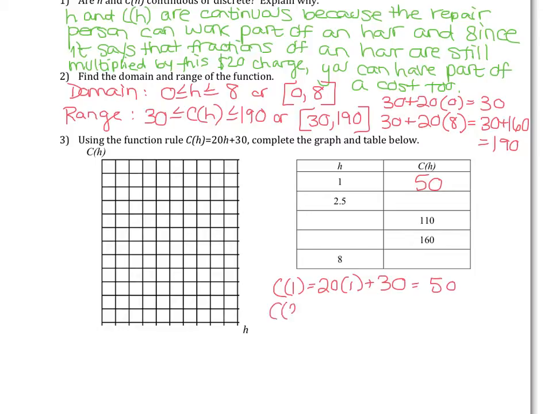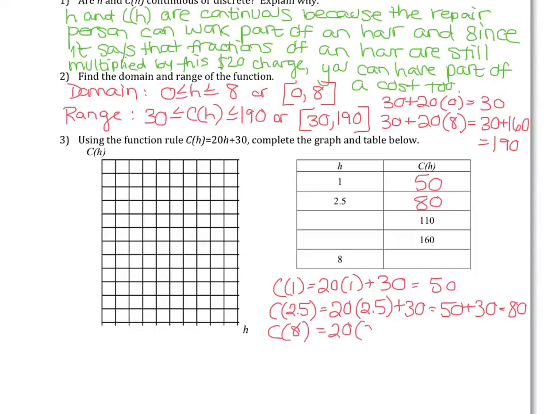We know C of 2.5 is 20 times 2.5 plus 30, which is 50 plus 30, which is $80. We also know C of 8, that's 20 times 8 plus 30, which we actually already calculated up above, and that's 190.